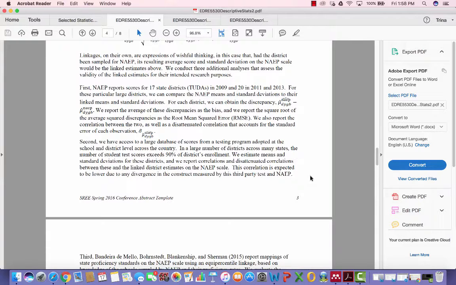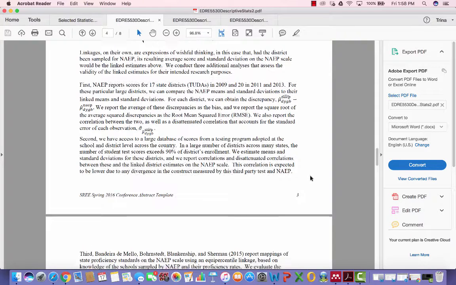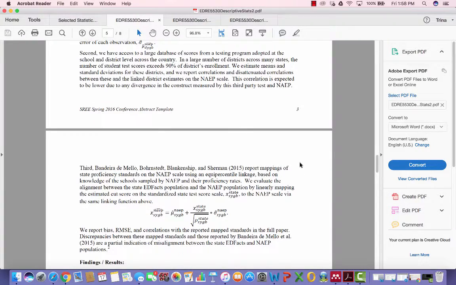They also did another validity test, and validity, as you remember, is accuracy. They compared the means and standard deviations with estimations. And finally, they evaluated and adjusted for alignment between a standardized test score, or a z-score, and the linked estimated means and standard deviations.